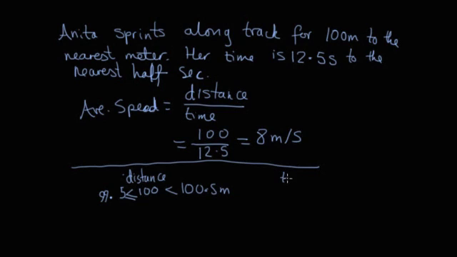And for the time, we've got 12.5. Now what did it say? The nearest half second. So the lowest limit would be 12.25 and the upper limit would be 12.75.